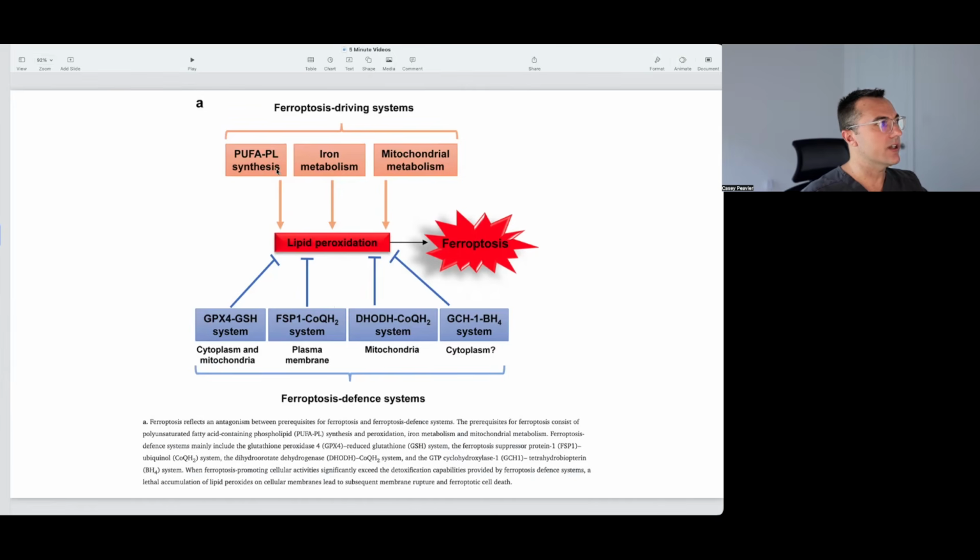The driving systems have to do with the type of fatty acids, in this case PUFAs, or polyunsaturated fatty acids, and changes in iron metabolism and mitochondrial metabolism, which ends up damaging lipids, which ends up leading to ferroptosis.